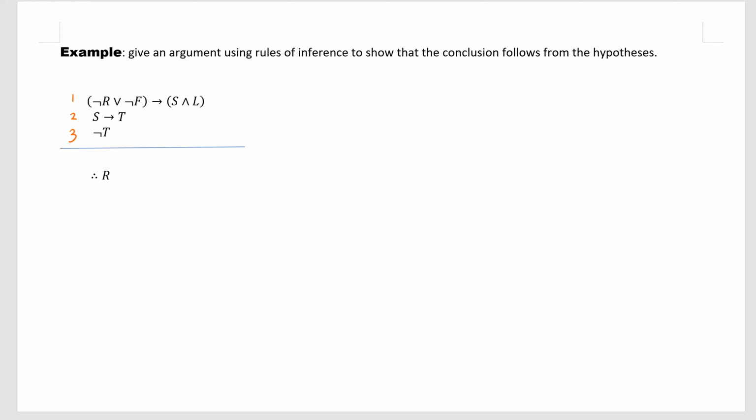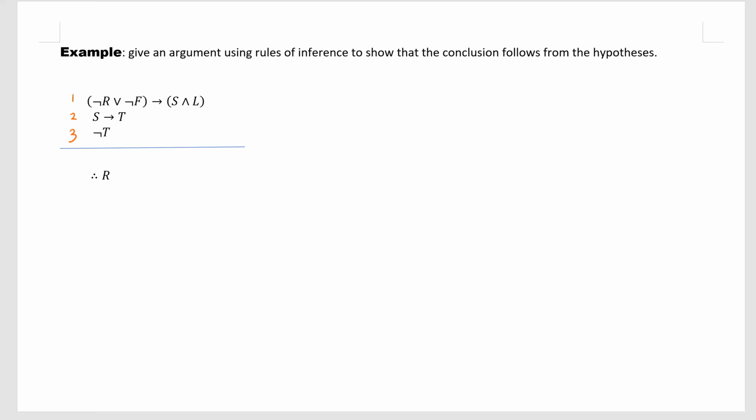We have line 1, line 2, line 3. So how do we get R? First of all, using 2 and 3. This is quite long, so let's not look at the first line. Let's look at the second line and third line. We have S and T and not T. So you can see we can say something about S.